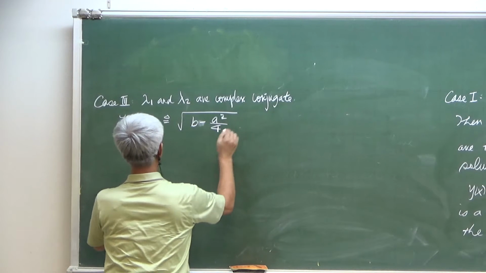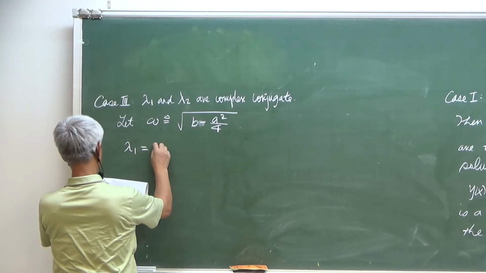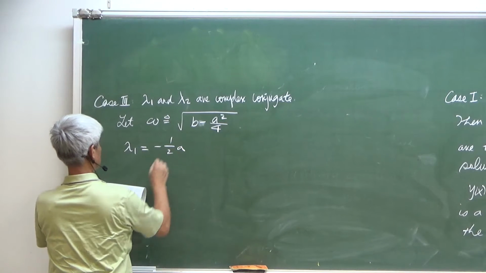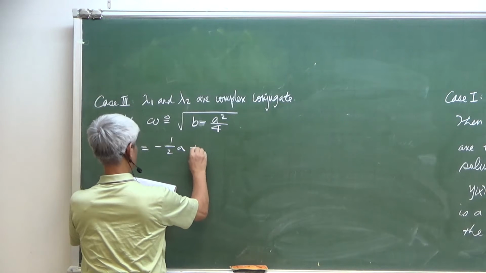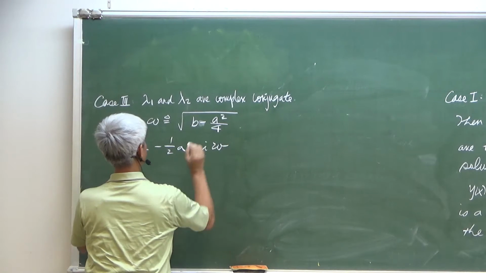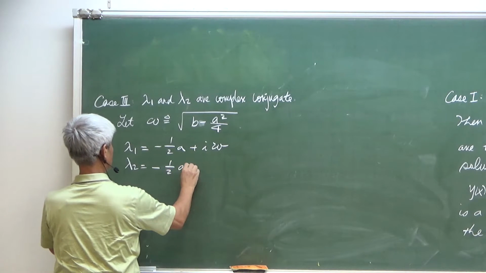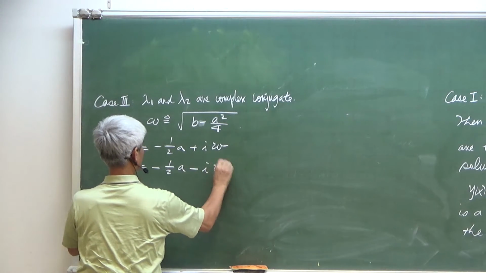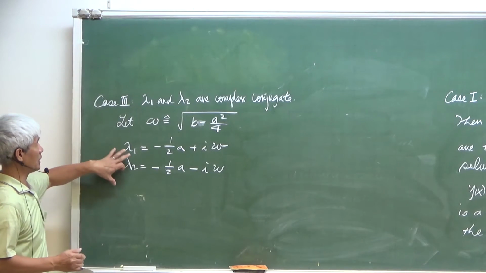Then we can express lambda 1 to be minus 1/2 of a plus i omega, and lambda 2 is minus 1/2 of a minus i omega. So number 1 and number 2 are complex conjugates.